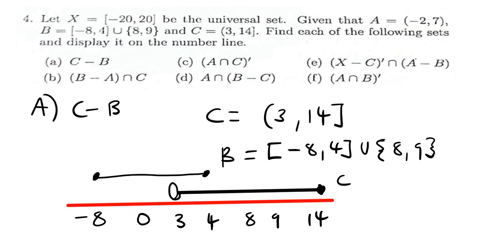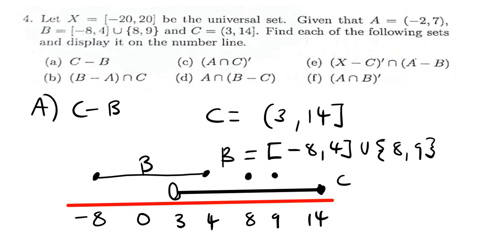Then there's another union, we are uniting it with a point 8 and another point 9. This is B.